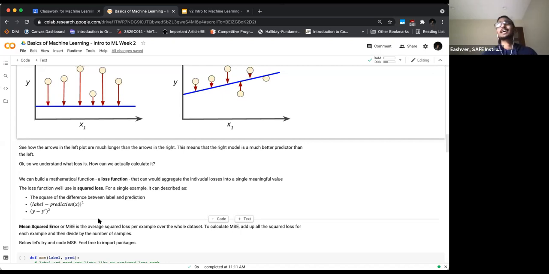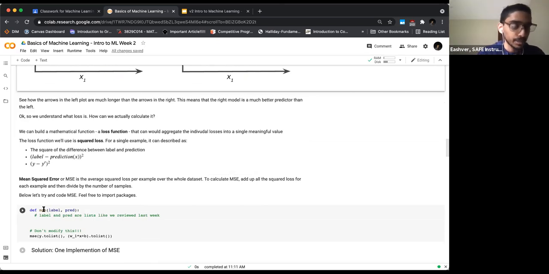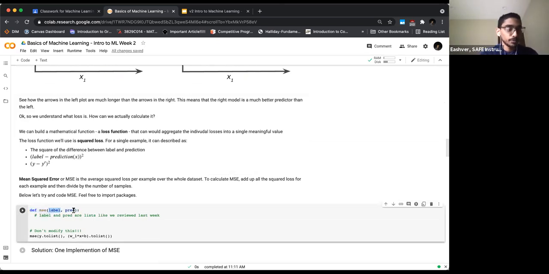So I guess we can try and code it. We have MSE, so this is our function definition, label and pred. These are lists as we reviewed last week. And I want you to calculate the mean squared error.